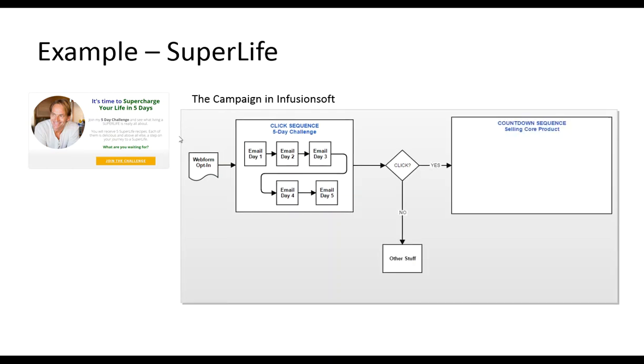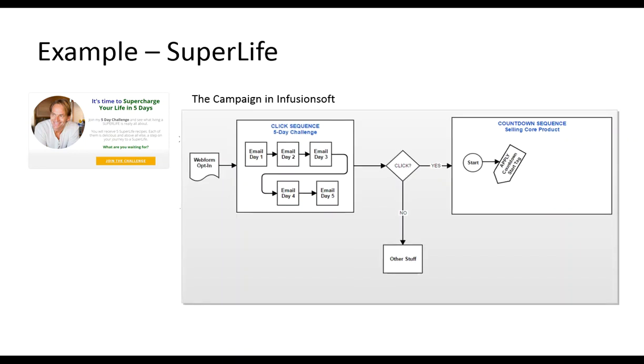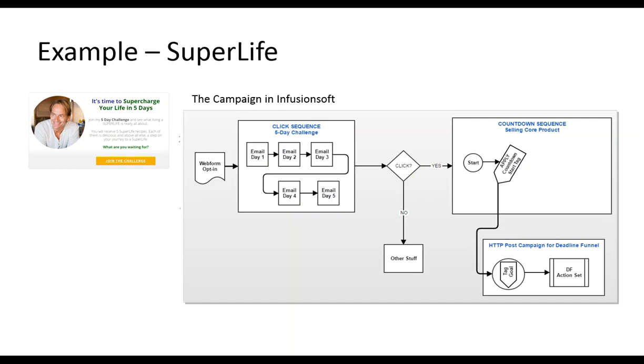And then this interest would qualify them for a countdown sequence. And in the countdown sequence, we're going to be tagging to start the countdown, which will then fire an HTTP post for DeadlineFunnel, which then allows us to create the emails and sell our core product with discounts and timers and bonuses and so on.